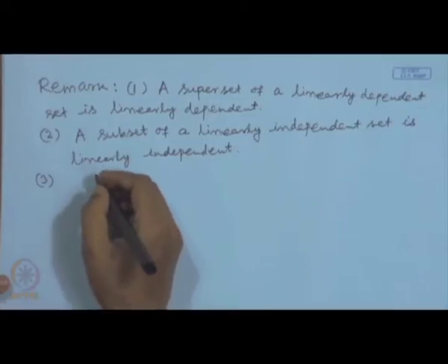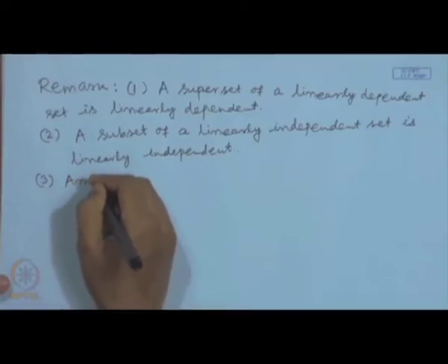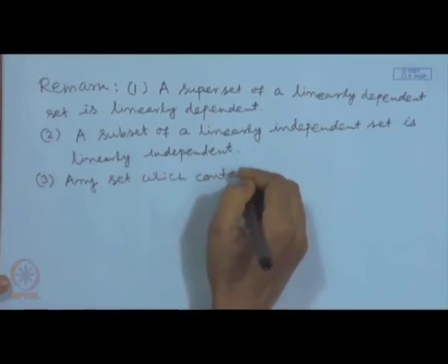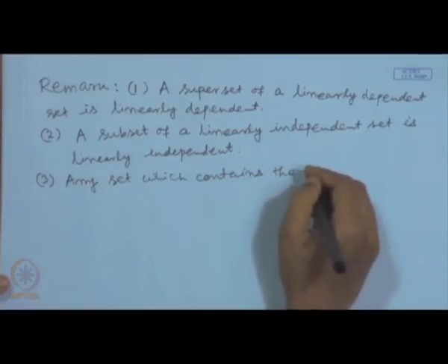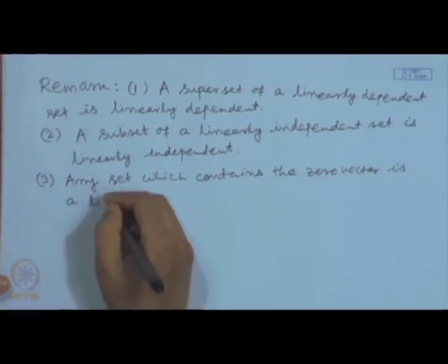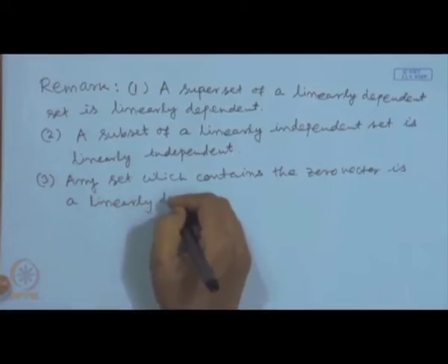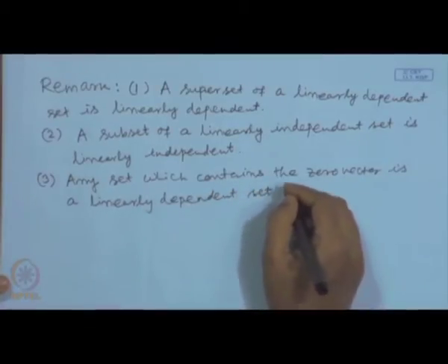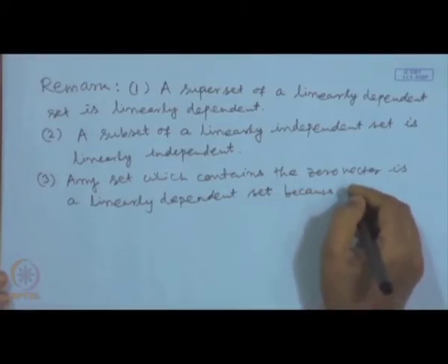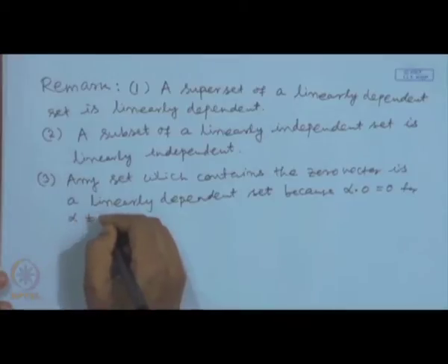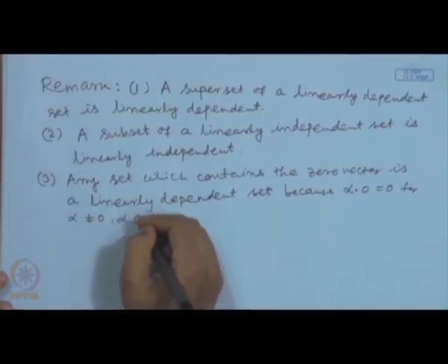And the third observation is that any set which contains the 0 vector is a linearly dependent set, because alpha times 0 equals 0 for alpha not equal to 0, a scalar.